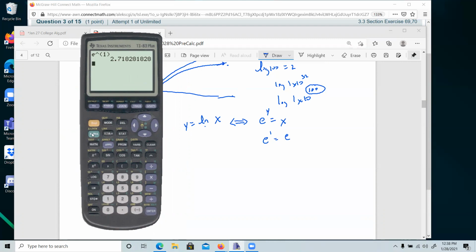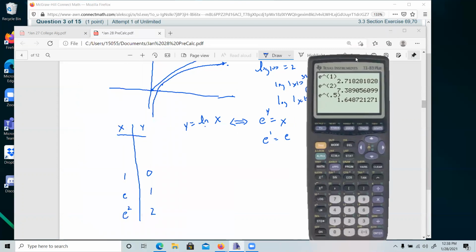Or if you need e squared for some reason, or the square root of e, that's 0.5, the 1/2 power. If you ever need the numerical parts of this, that's how you get them.